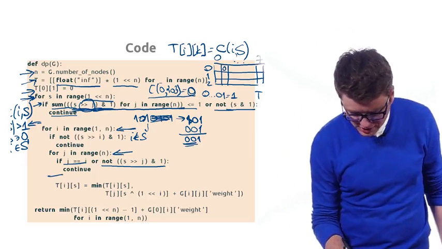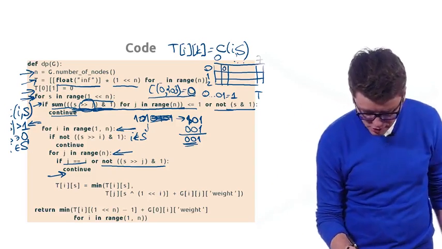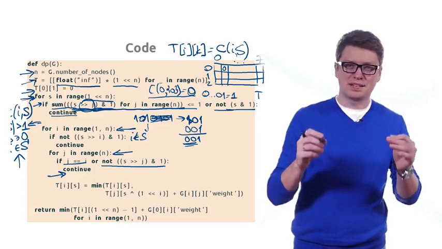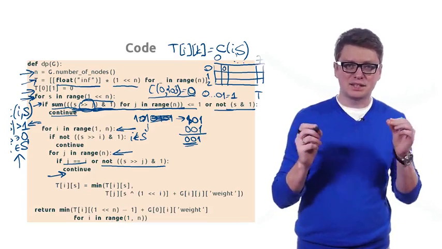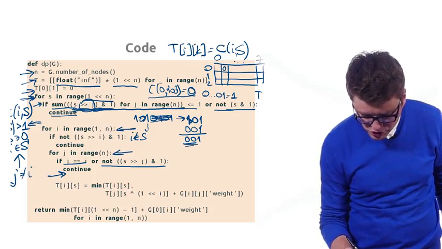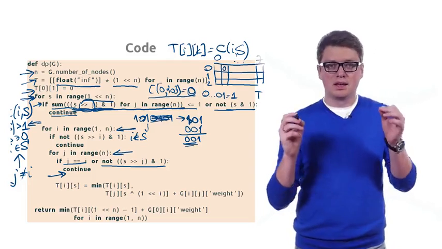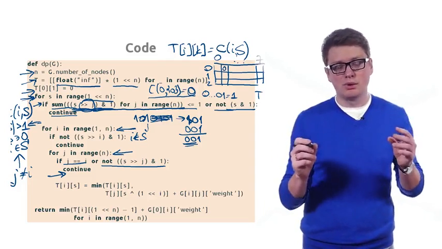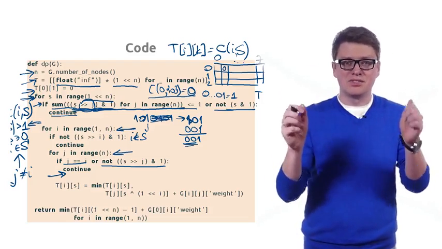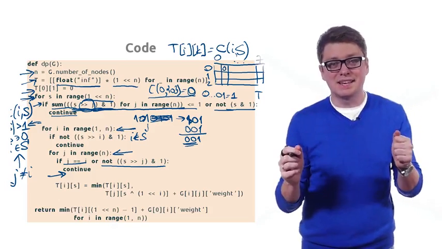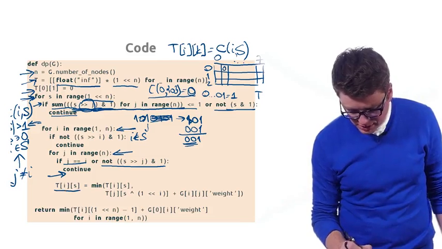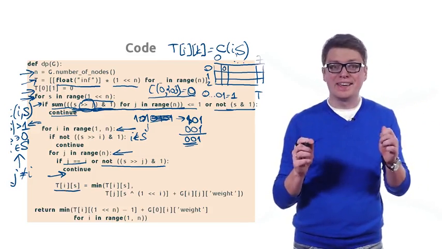So when we reach this position, we know that S is a set satisfying these two properties. So S is a set of size at least 1, such that I is in S, 0 is in S, and j is not equal to I. So j is a good candidate to be the second to last node on an optimal path that starts at 0, ends at I, and visits all the nodes from the set S. And at this point we just try to improve the current value stored in T[I][S].